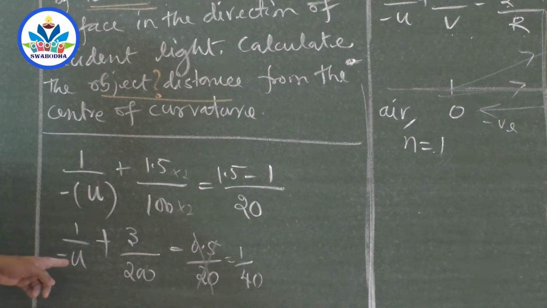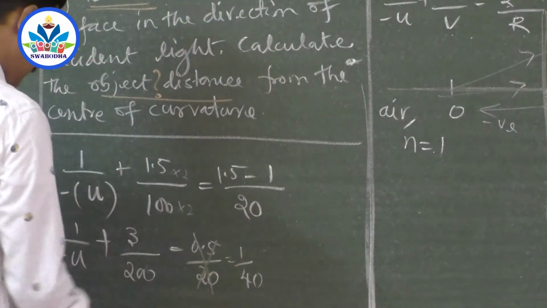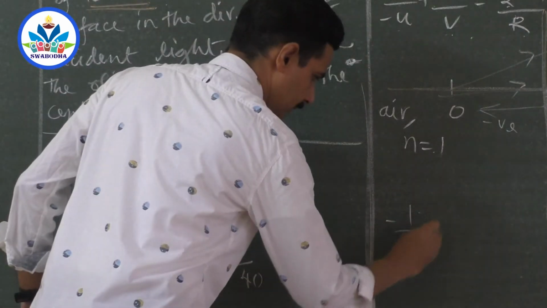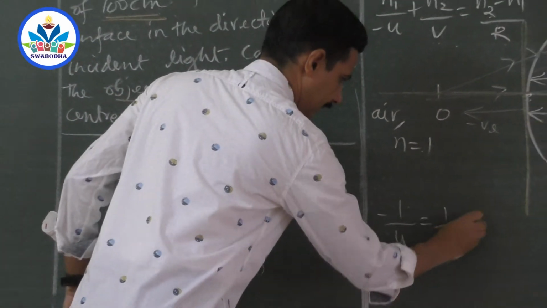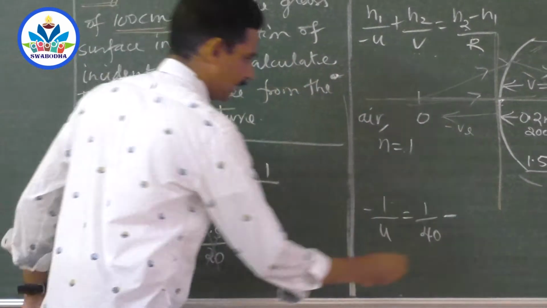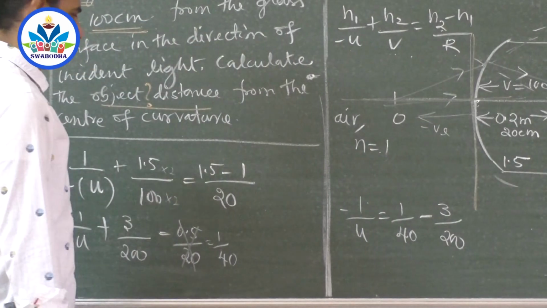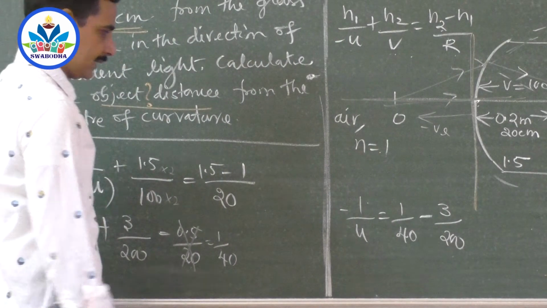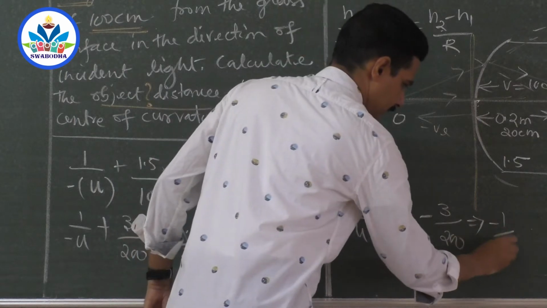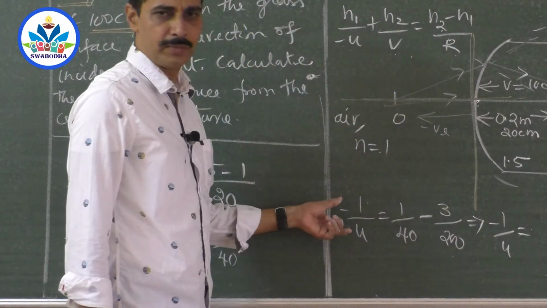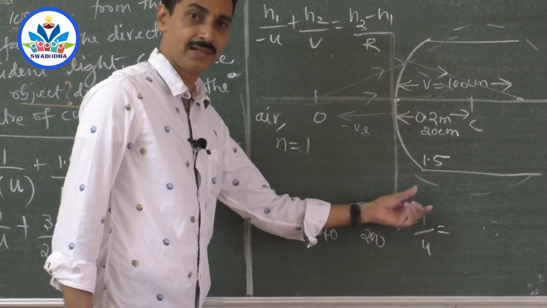Now what is minus 1 by u? I will write it here. Minus 1 by u is equal to 1 by 40 minus 3 by 200. Can I take 200 as common? Yes. That implies minus 1 by u is equal to, better you write 1 by u always, because if you write equal to and write the answer, you hope that itself is the answer.